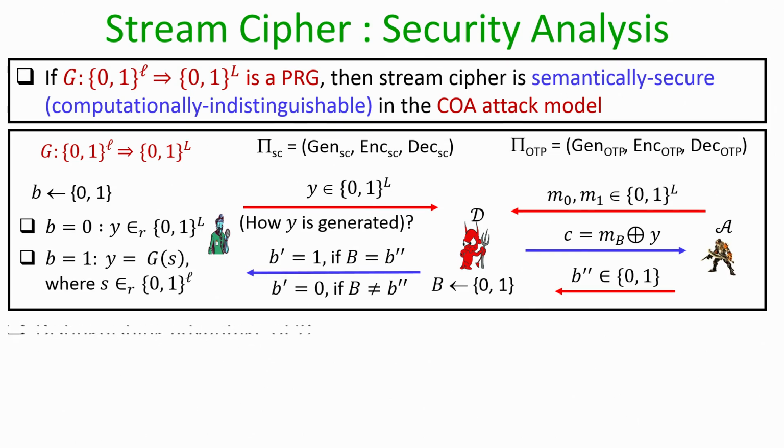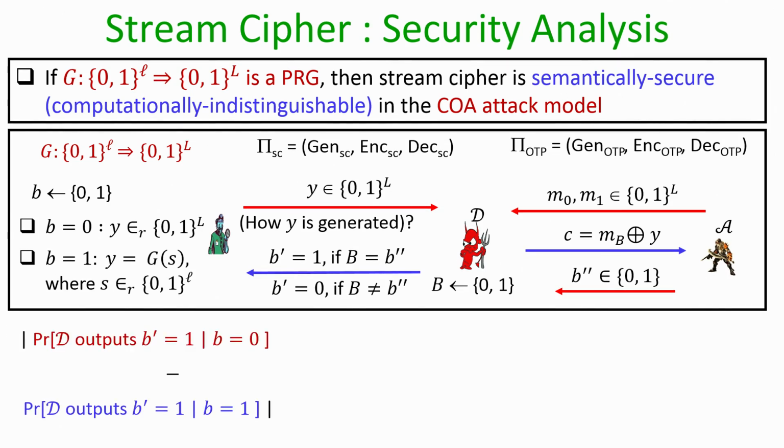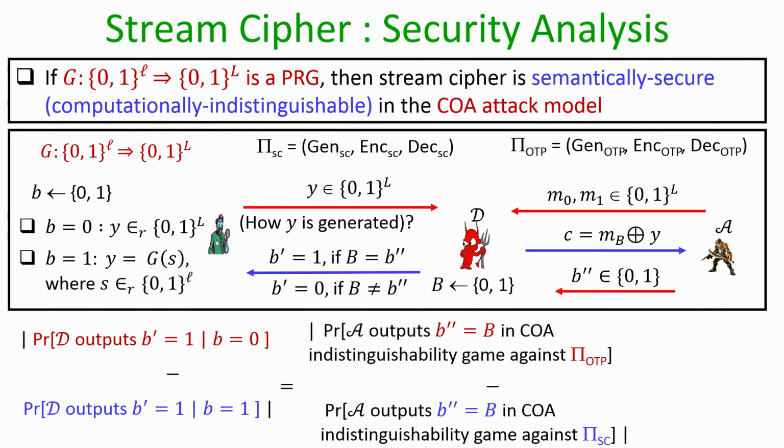So, overall the distinguishing advantage of my distinguisher is the difference in the absolute probability with which the adversary A could win the COA indistinguishability game against an instance of OTP and against an instance of stream cipher. And if we take the absolute difference of these two probabilities, it turns out to be epsilon.